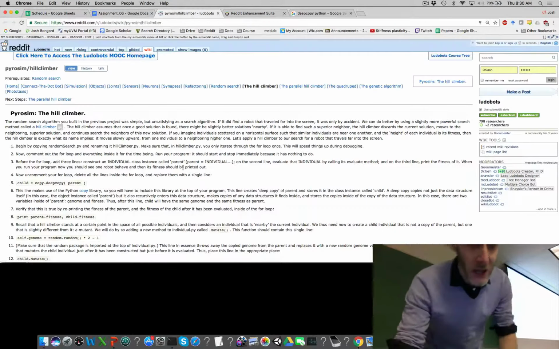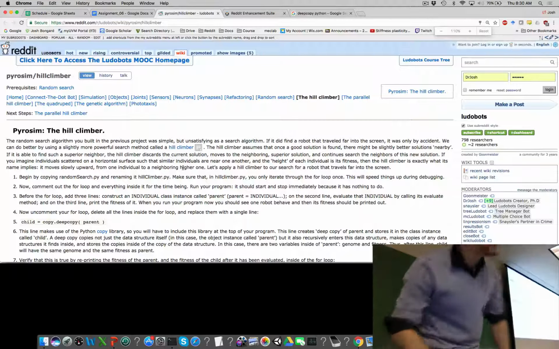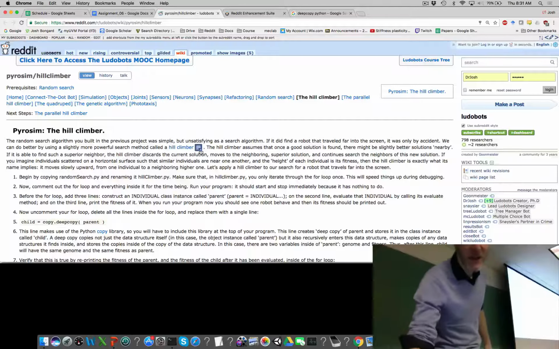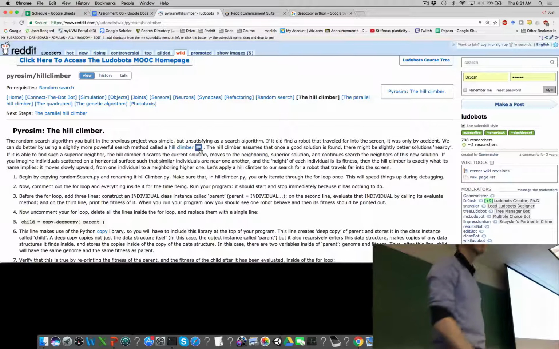I apologize for a little detail that I overlooked in Reddit. For all of the URLs in the actual instructions, there's a little tag next to them so I can open or close that tag right in line. I thought that was default in Reddit, and a student pointed out to me that it is not.